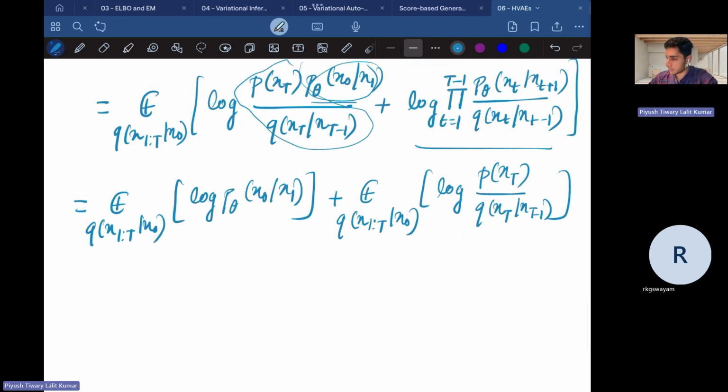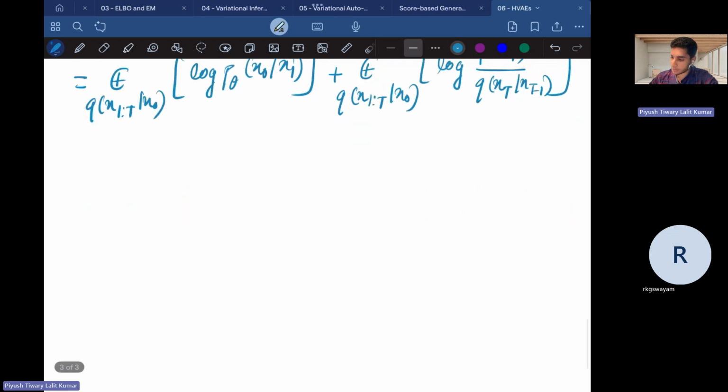And this thing will become something similar. So this is log of a product, which will be equal to a sum of logs, right? So let's write that down.